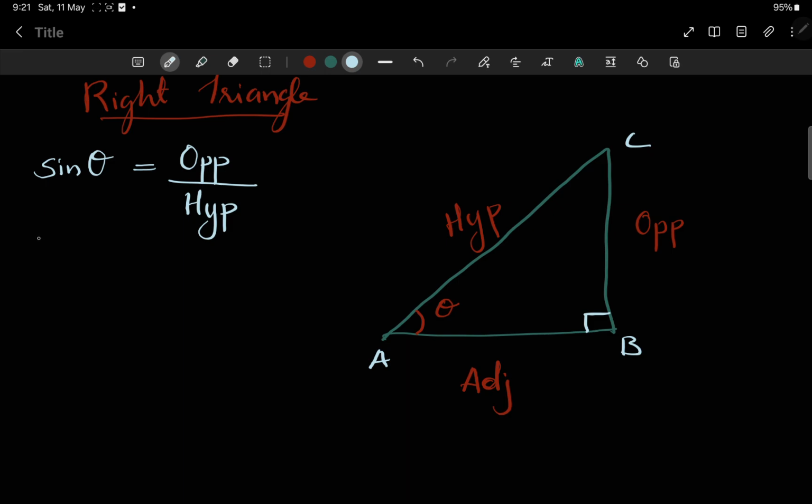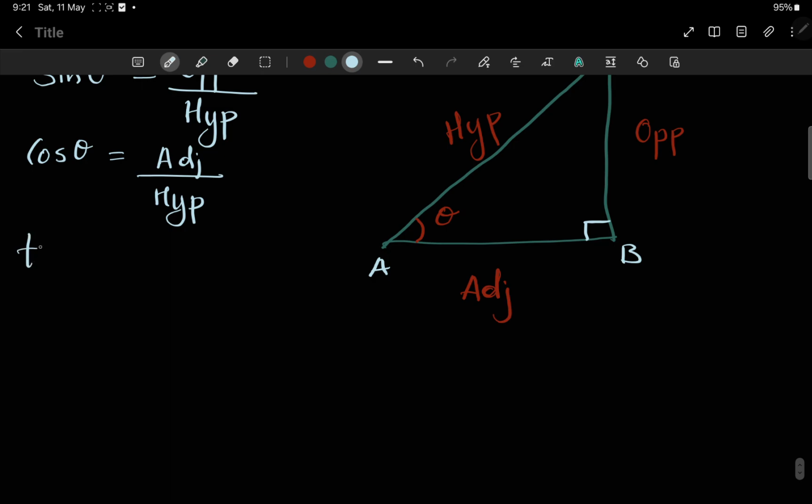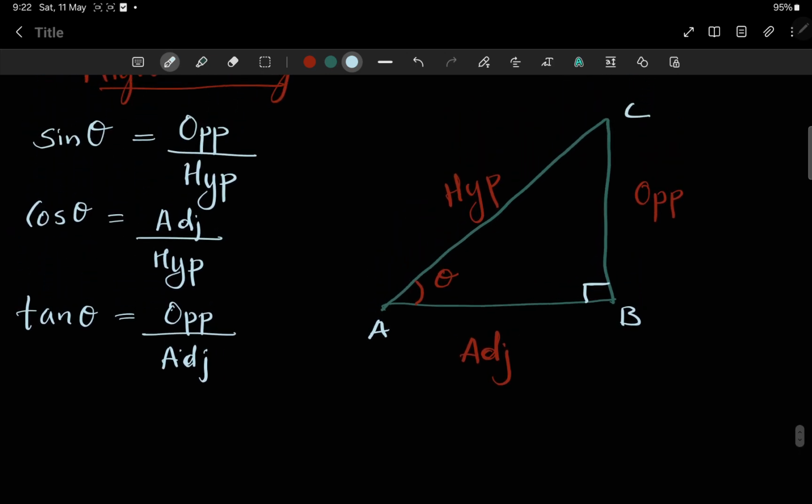Next one is cos theta, the cosine of theta, which is equal to adjacent side by hypotenuse. And next one is tan theta, which is equal to opposite side by adjacent side. So I have written three basic trigonometric ratios.